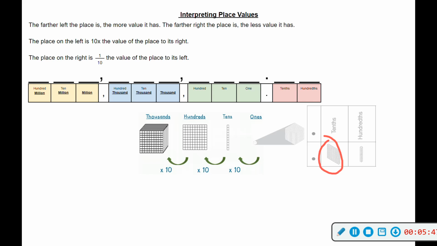When we look at a tenth of the entire cube, we are only looking at each individual rod, every little column that is inside of there. When we're looking at every column, there's one cube inside of those tenths, which would mean that the one cube that is inside of 1/10 is less than the entire tenth rod, which would make it hundredths.